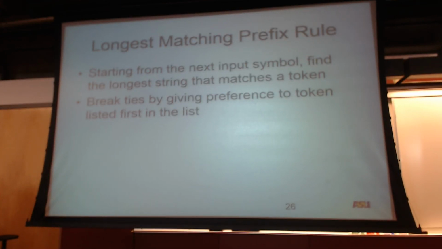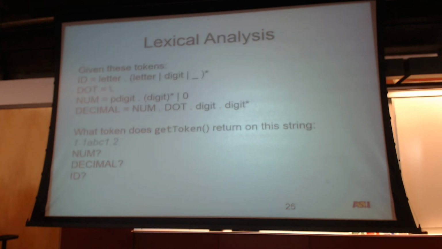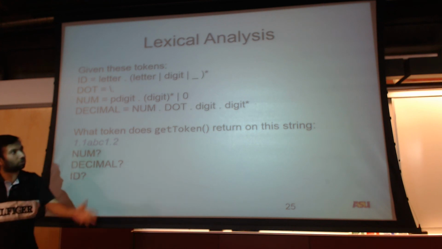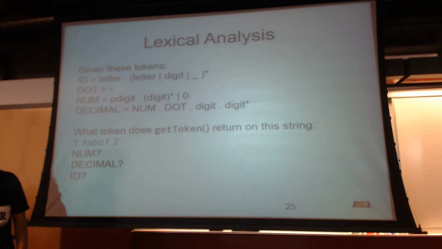Break ties by giving preference to the token listed first in the list. There might be multiple tokens that match.